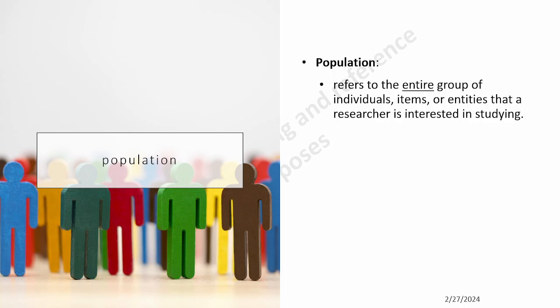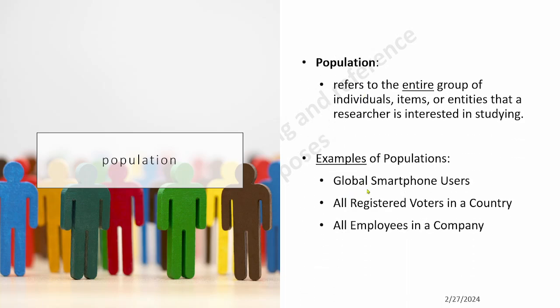If you're talking about cars, then all the cars in that region, or the cars made by the company, and so on. Let me give you a few more examples: smartphone users, that means all the users, registered voters, and so on. So that's the definition of population.